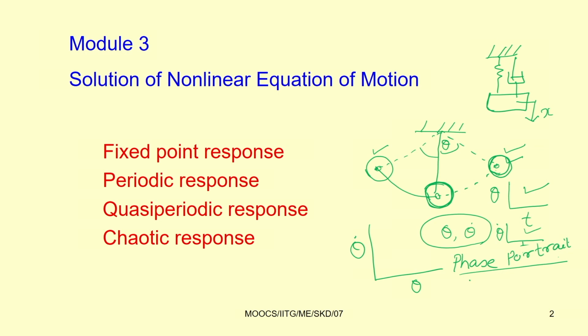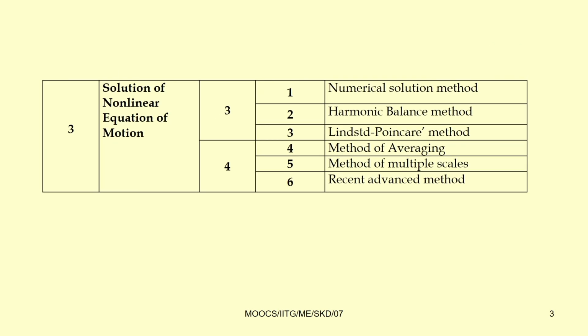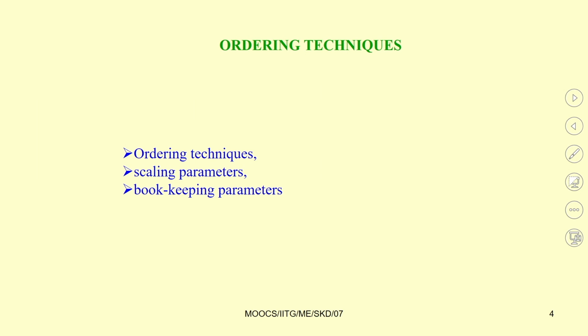In the introductory class we discussed the response of the system. Let it be subjected to a force f sin omega t. We have studied two different parts, one is the complementary function and the other one is the particular integral.